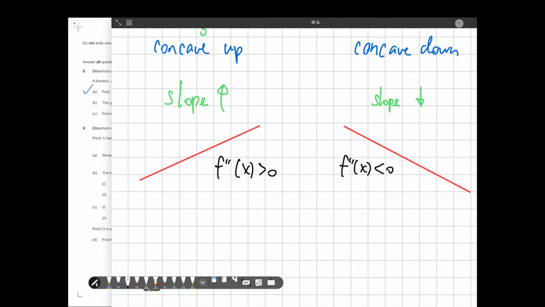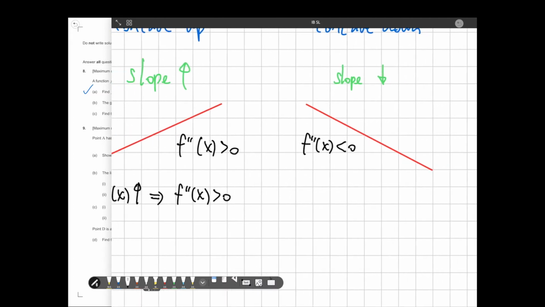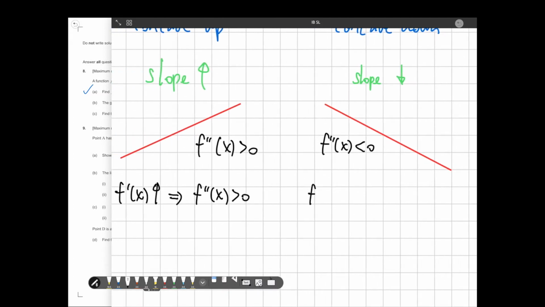So when f prime x is increasing, we have f double prime x is positive. When f prime x is decreasing, we have f double prime x is negative.